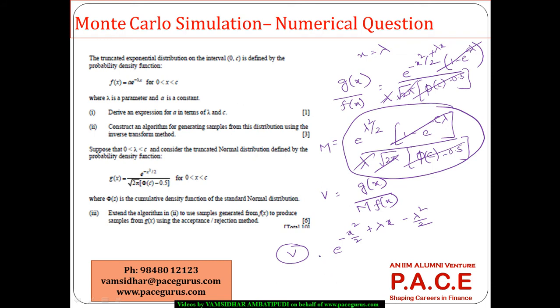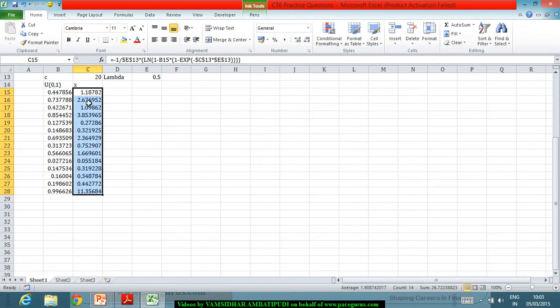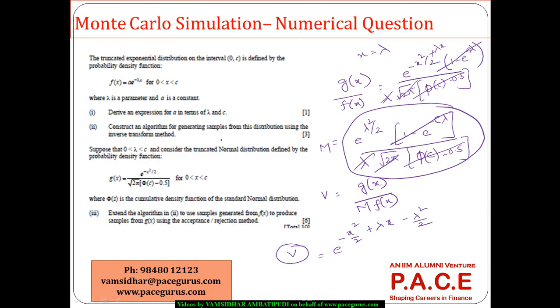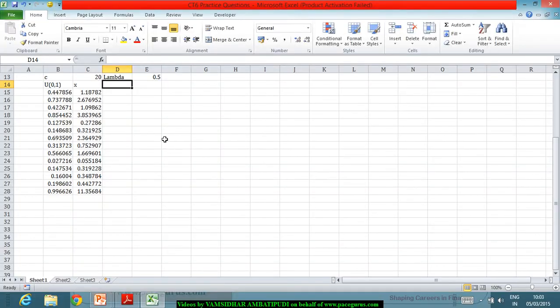Now, this is where we'll use the accept reject kind of criteria. Now that we have already generated the values of x from here, I will have to check this particular value of v, based on the lambda, e to the power of minus x squared by 2.